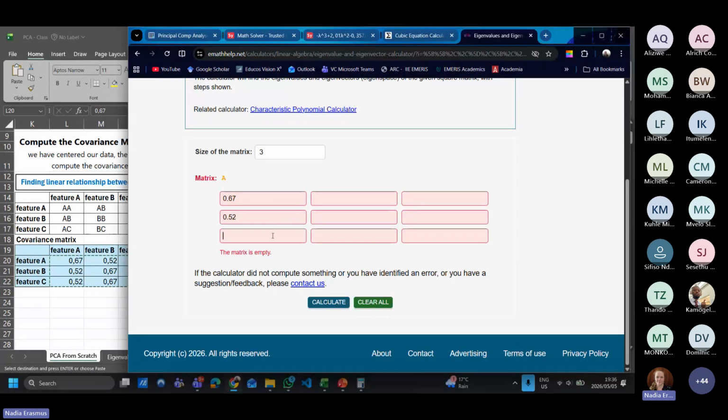So you guys can also do this. I just want you guys to be able to do the other one as well, because they asked them last year to be able to write it out. So 0.67, 0.67. Okay, then we can calculate it.